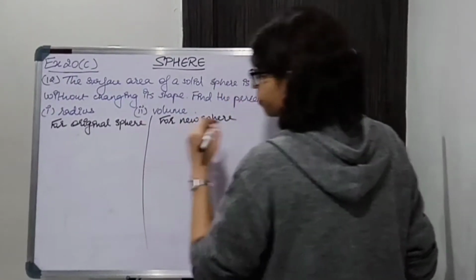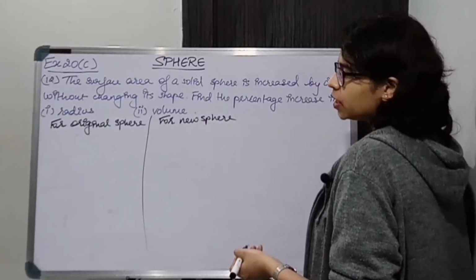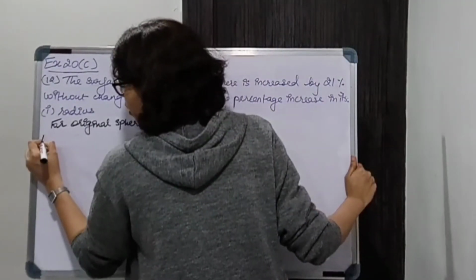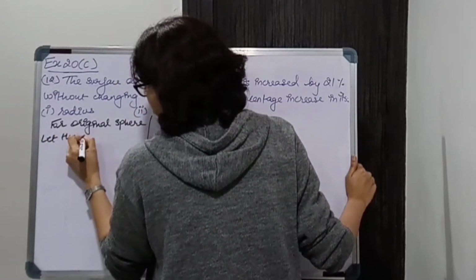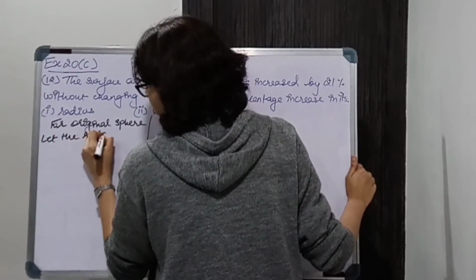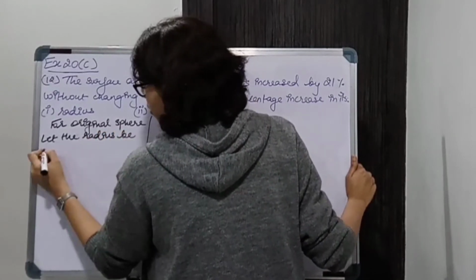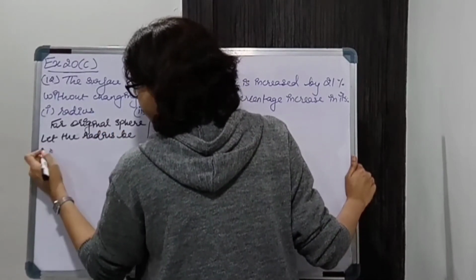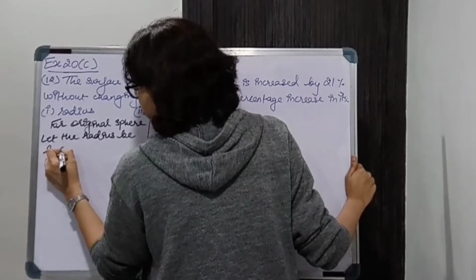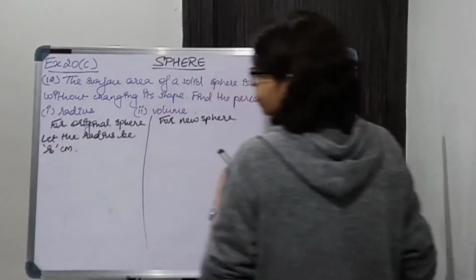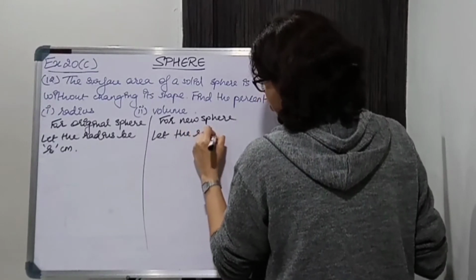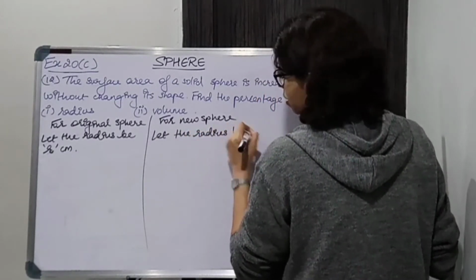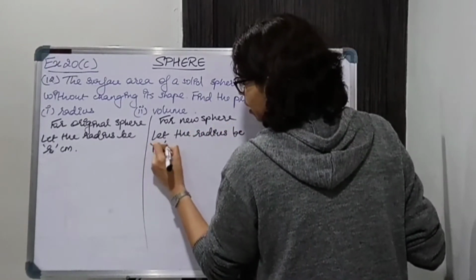For the original sphere, let the radius be r centimeter. And over here let the radius be capital R centimeter.